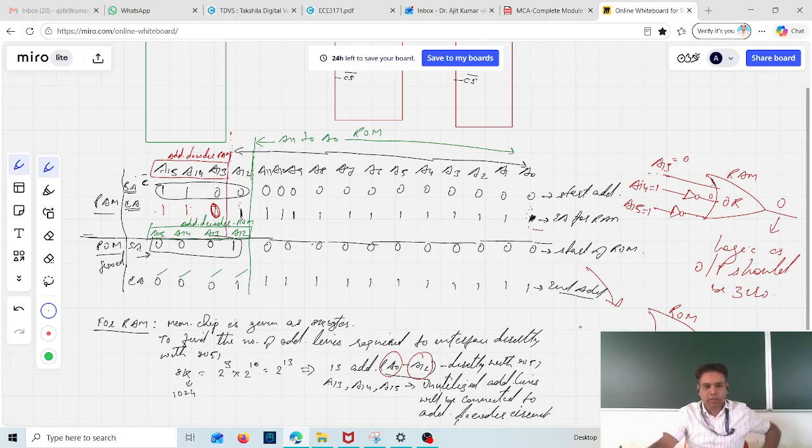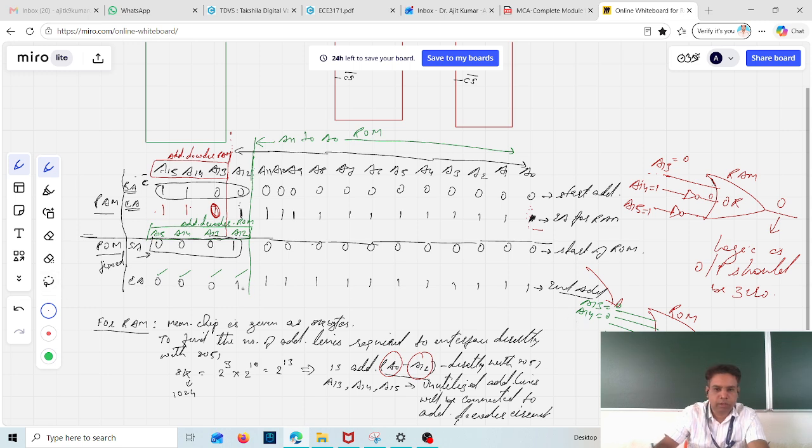So I'll draw here four inputs, that is 1, 2, 3, 4. A13 is 0, no issue, 0 as input, no problem. A14 is 0, no issue. We'll connect this directly. 13, 14, 15.